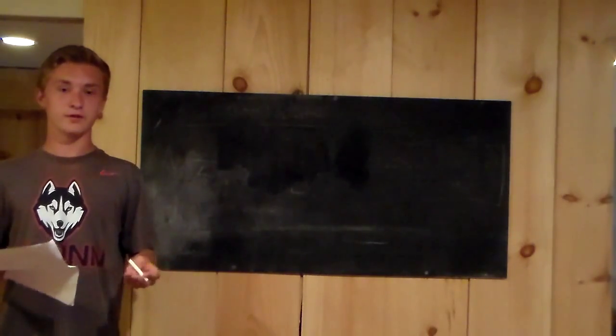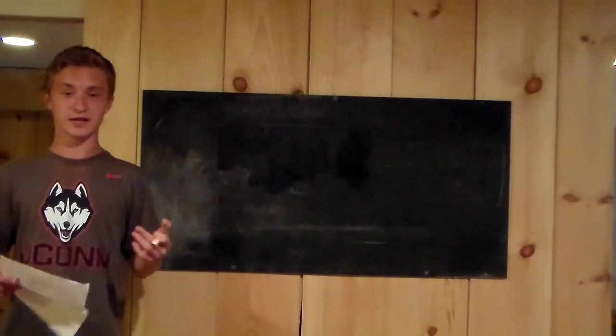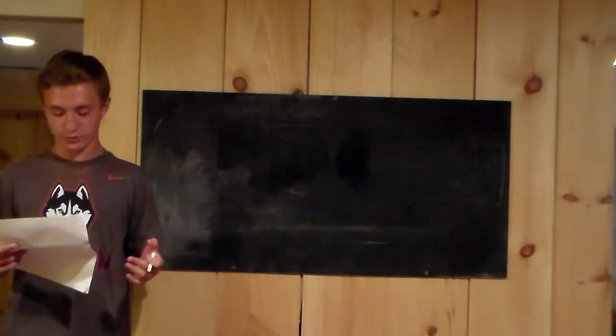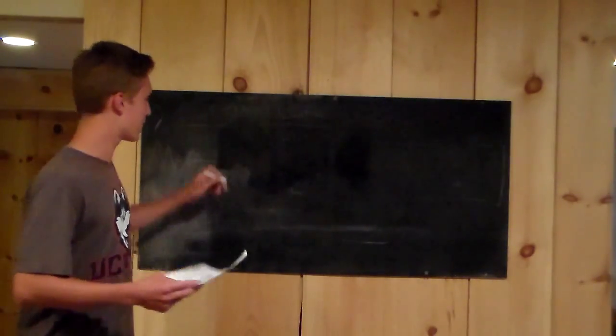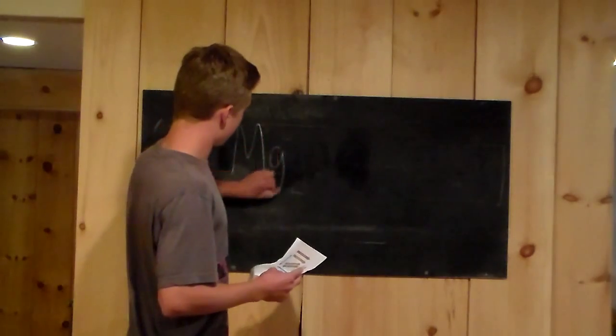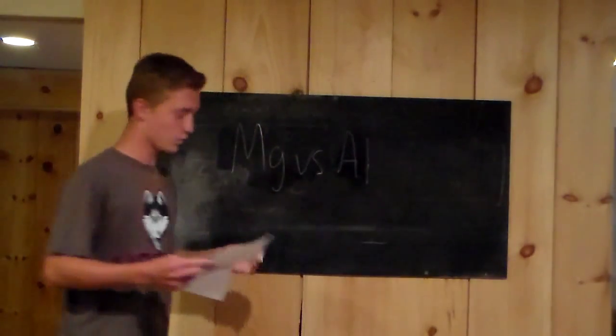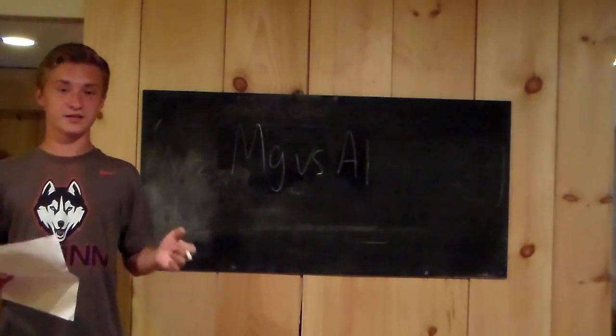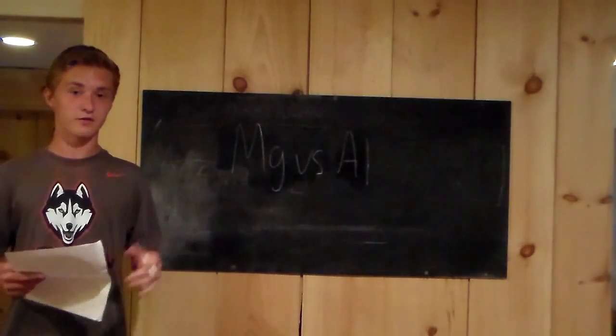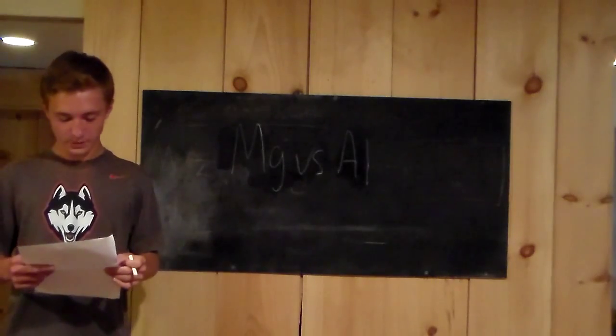And one very common exception to this is the ionization energy of magnesium versus aluminum. The ionization energy of magnesium is actually greater than aluminum, which goes against the trend.